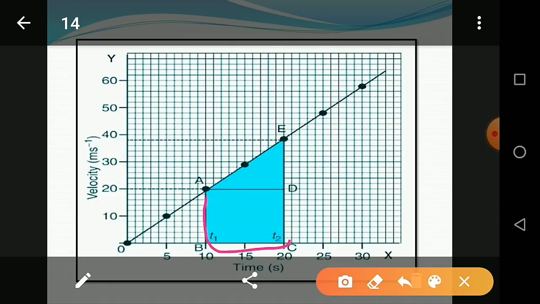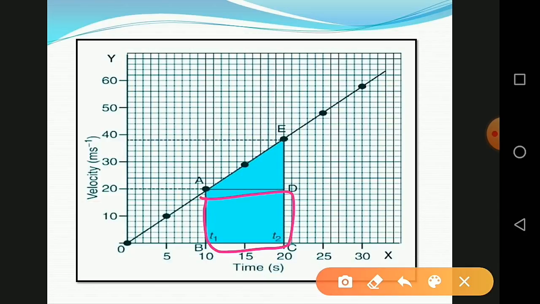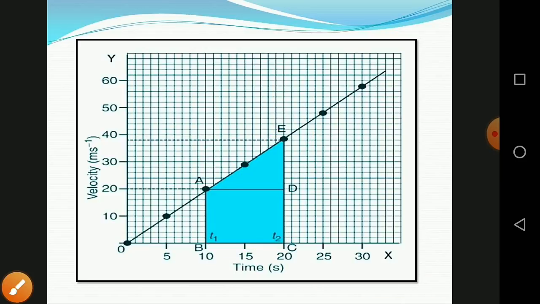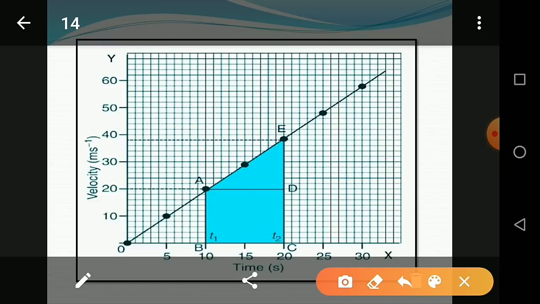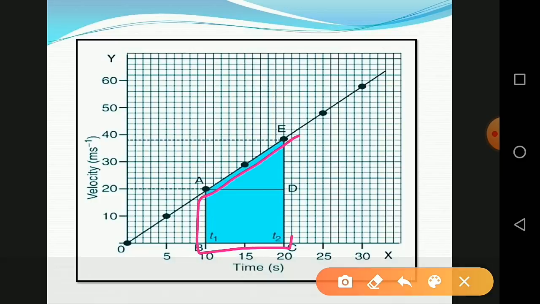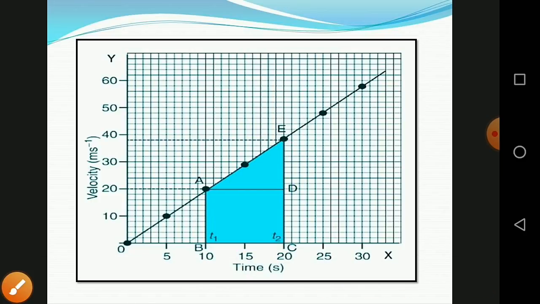So ABCD is a rectangle and ADE is a triangle, and the area of the quadrilateral ABCDE can be calculated as the area of a trapezium.